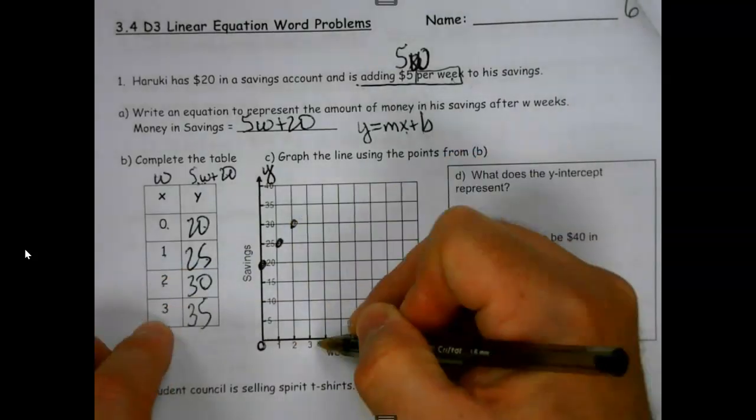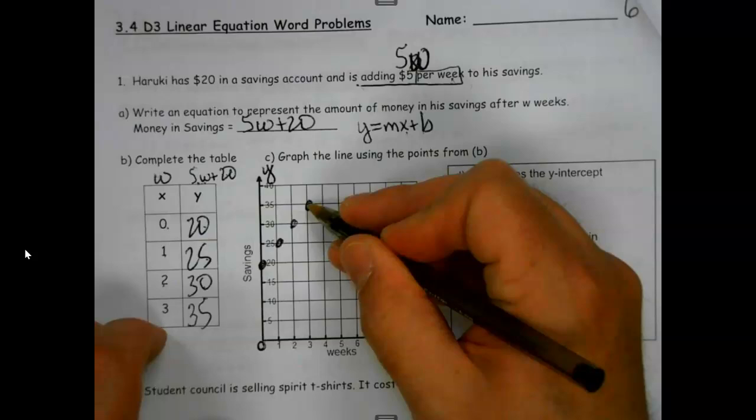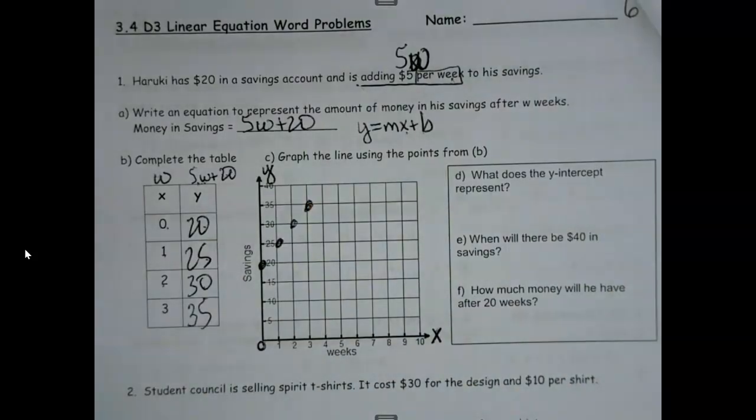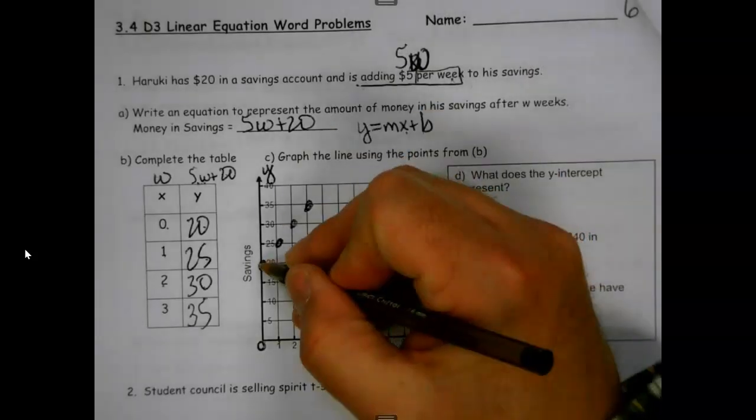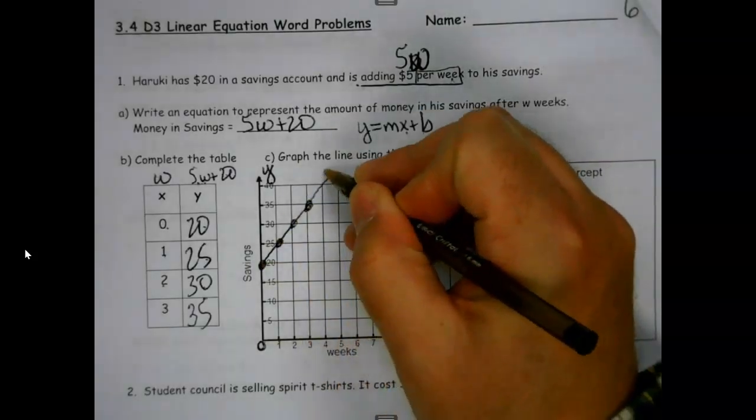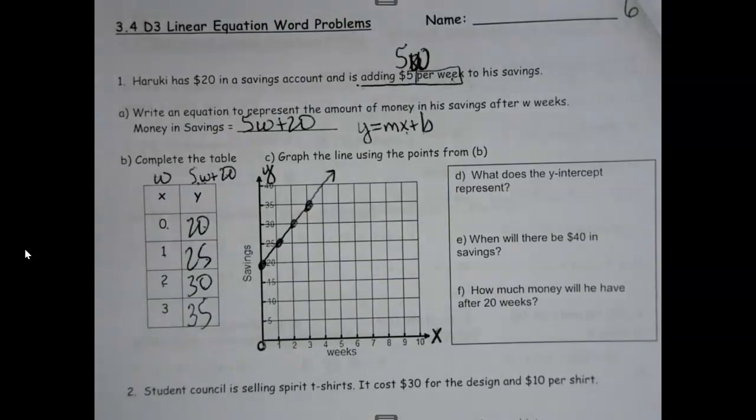And so if I'm graphing, I get those values, and that would just keep going. Now, this is not like an inequality at this point. We're not doing any shading. This is just exactly how much Haruki would have.